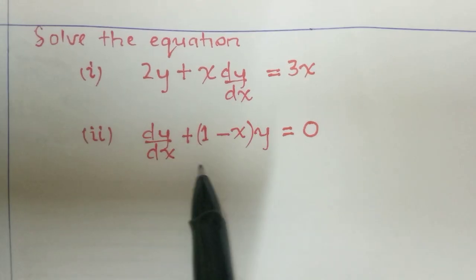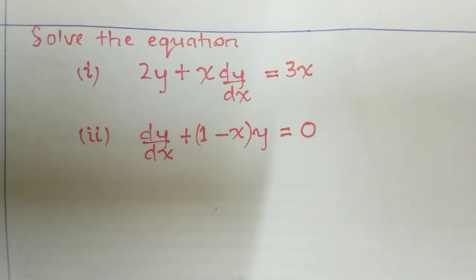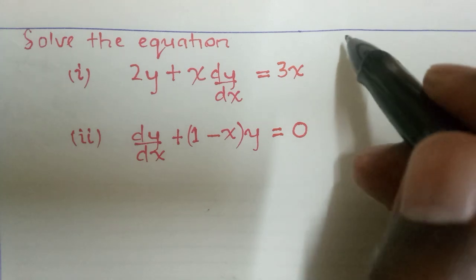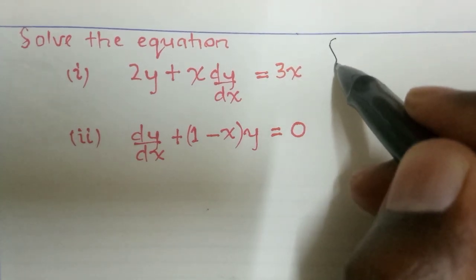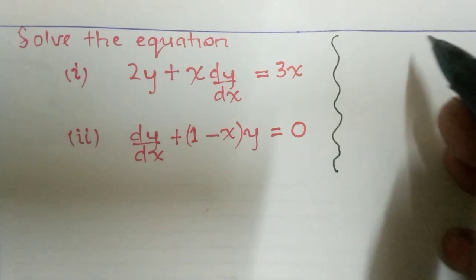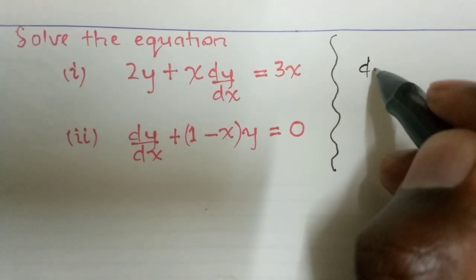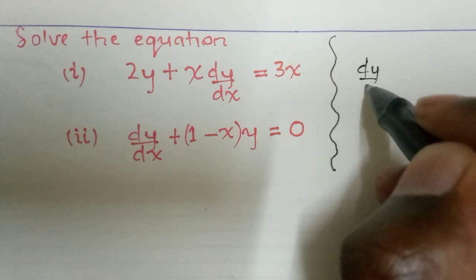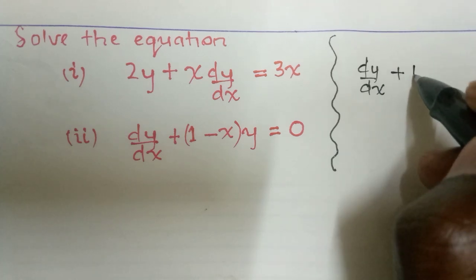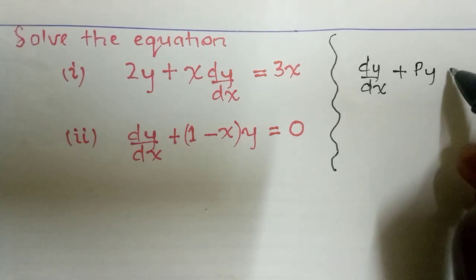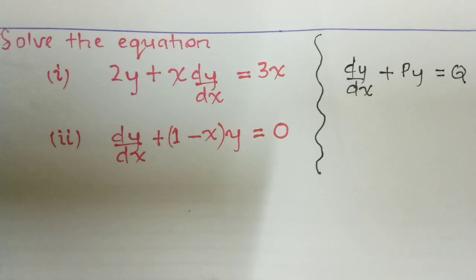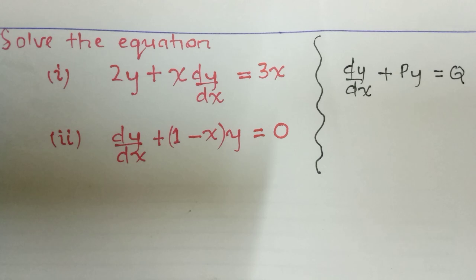We are going to use what we call integrating factor. But before we do them, let's remind ourselves of what integrating factor is. If you have an equation like this, dy over dx plus p y equals q, for this equation we use what we call integrating factor.